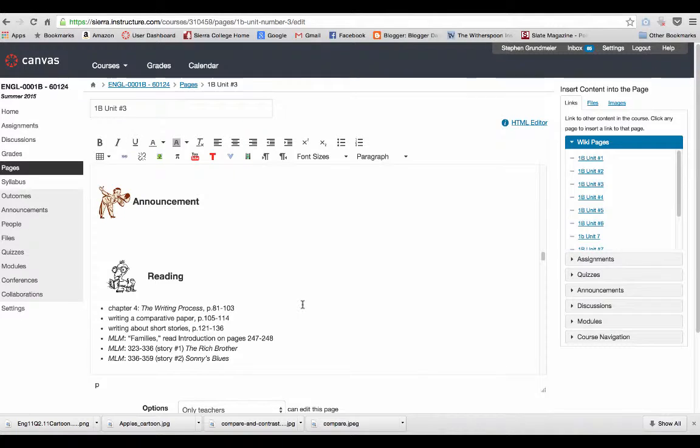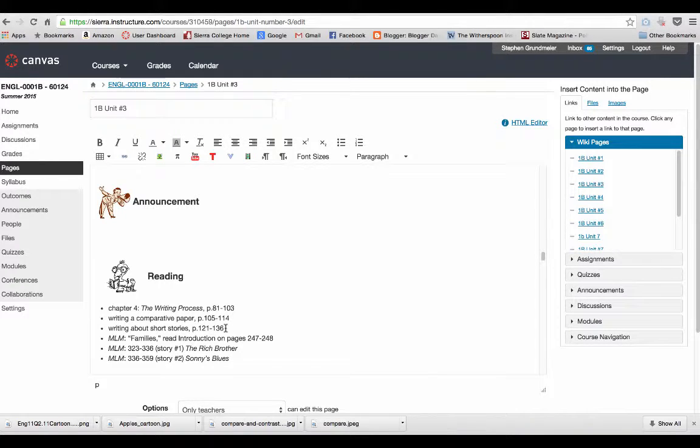You have a lot of reading to do this week, beginning in chapter 4, the writing process. This will be good information, again, about the process of going from pre-writing all the way to your final submission, your final draft. Pages 104 to 114 give you information about how to write the comparative paper. Writing about short stories.